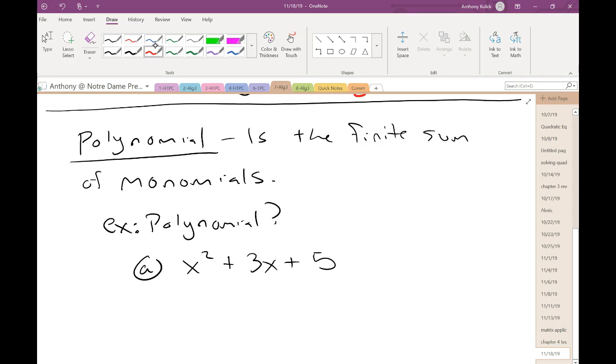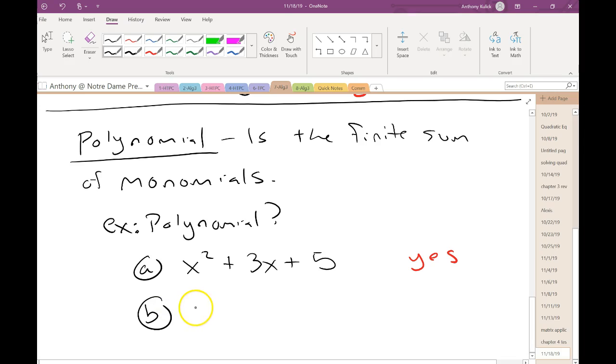Is this a polynomial? Yes. Everybody agree with that? Okay. Is this a polynomial? It's not?